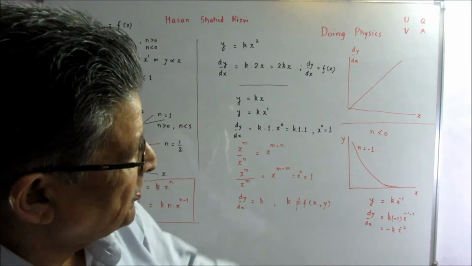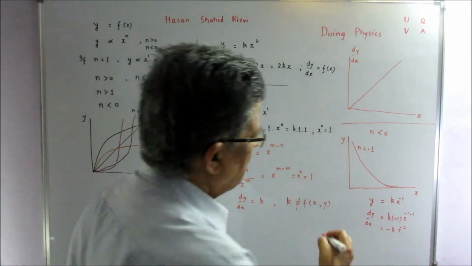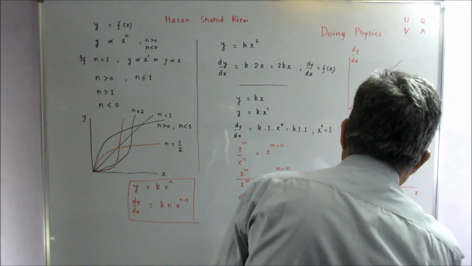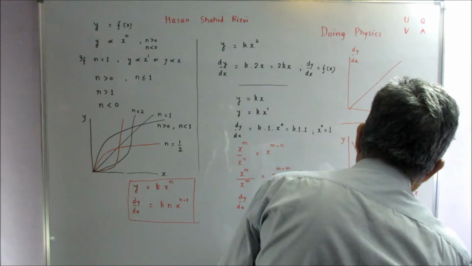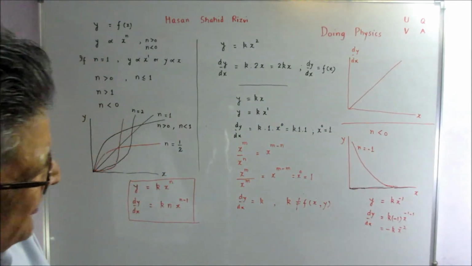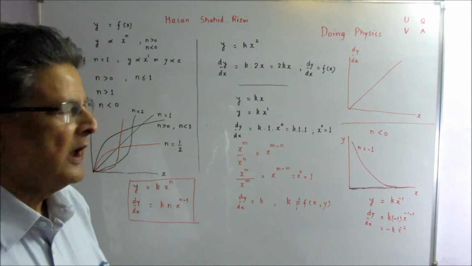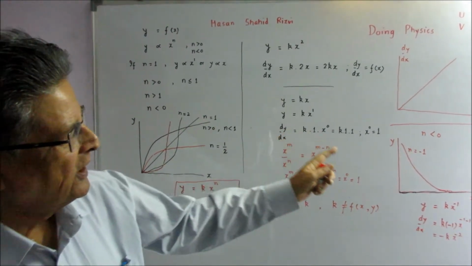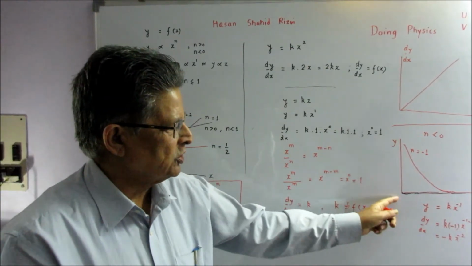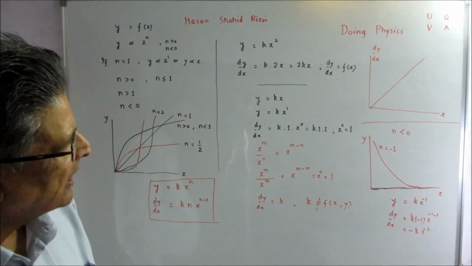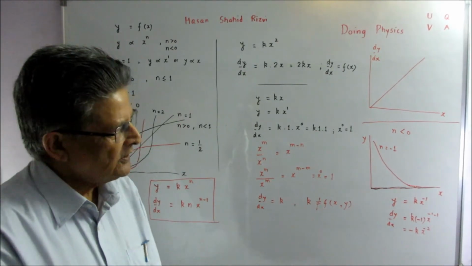Then when n is raised to the power of 0, there is a straight line that we may obtain. It goes like this. I'm just trying to introduce to you, and I wish that you go to the functions in your books of mathematics and try to understand that.